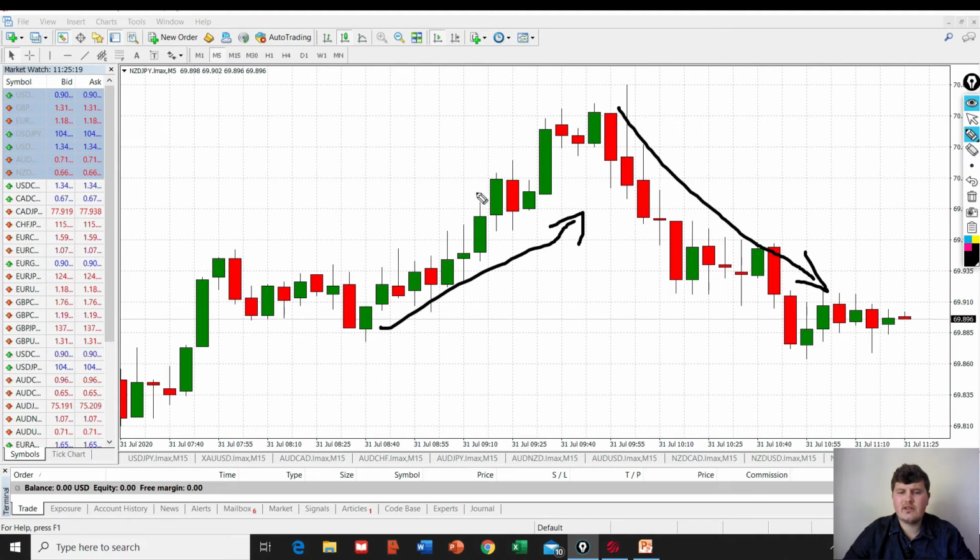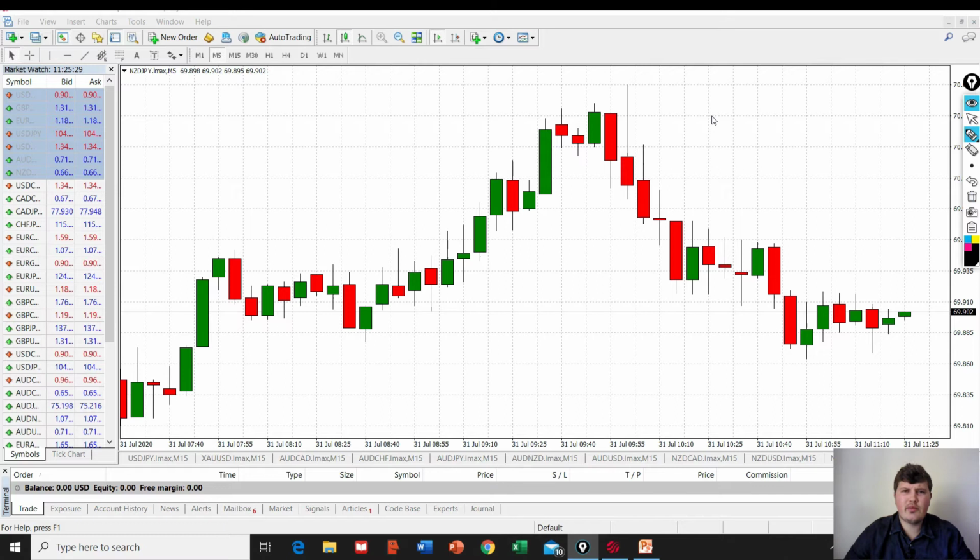So these candlesticks are in a constant battle to push the price either higher or lower, and you can start to interpret the different candlesticks in a manner to determine where price is likely to go in the near future, just by reading each candlestick or a group of candlesticks on their own. And each candlestick tells its own unique story and its own unique battle between the bulls and the bears.